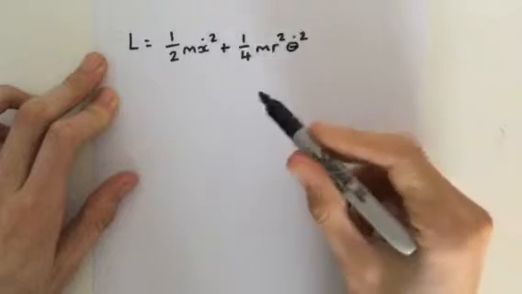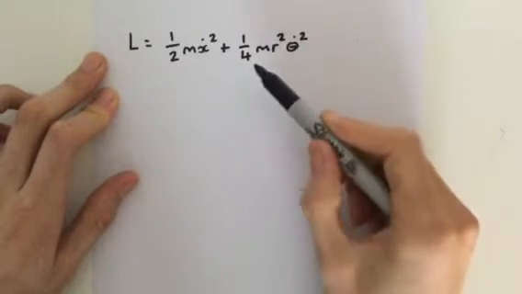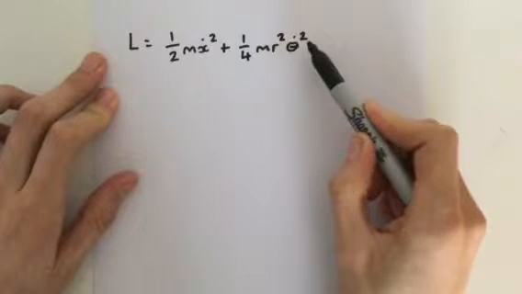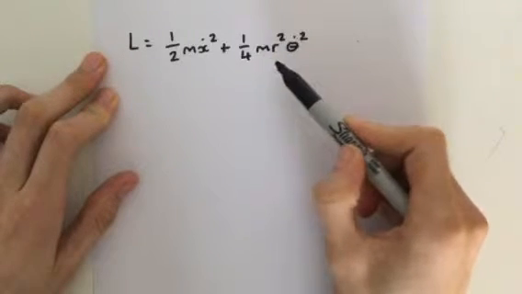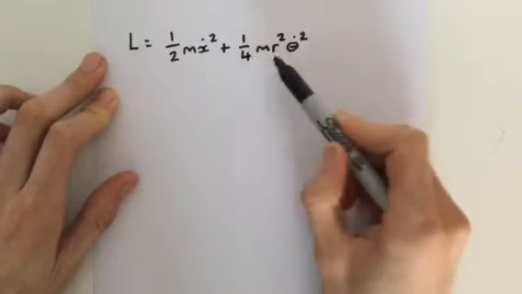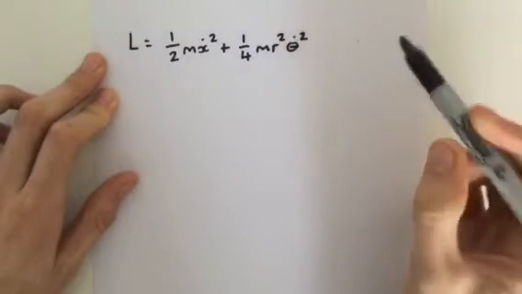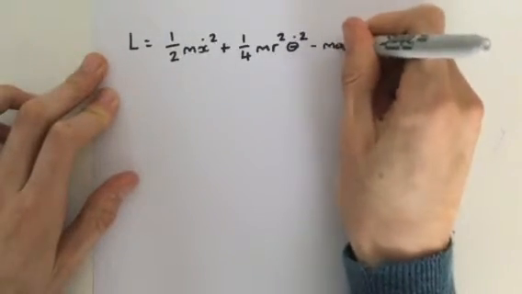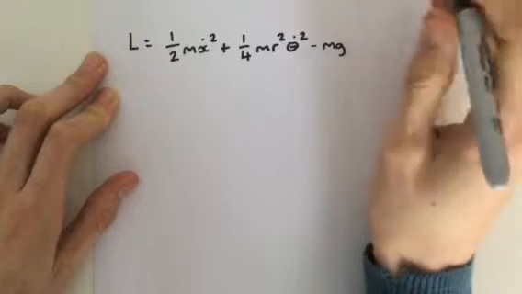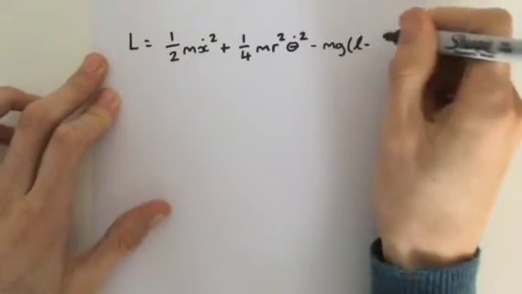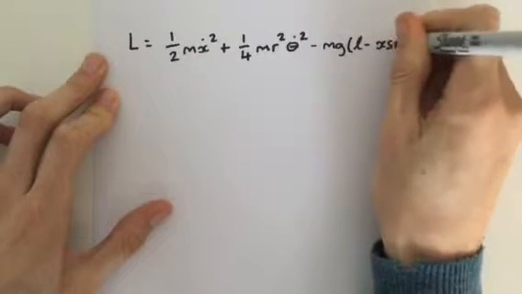Remember that our rotational kinetic energy was a half I theta dot squared, I was a half mr squared, and we just times the halves together to get a quarter. So we get a quarter mr squared theta dot squared. Okay, and then we minus mg, we're going to factor out our mg, and we get L minus x sine alpha.